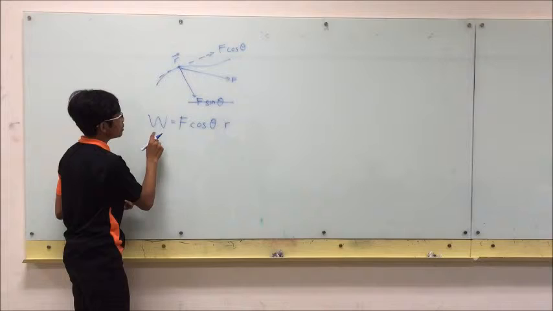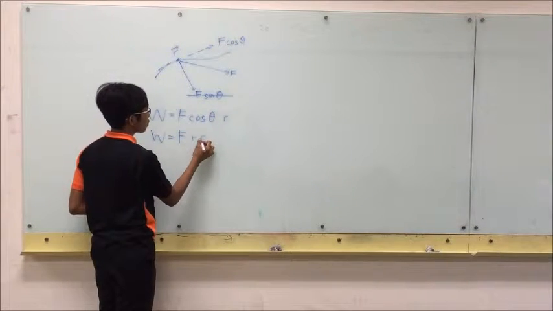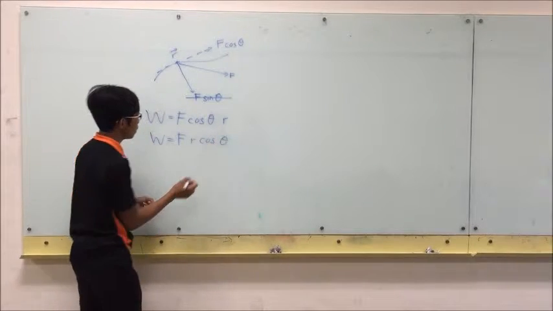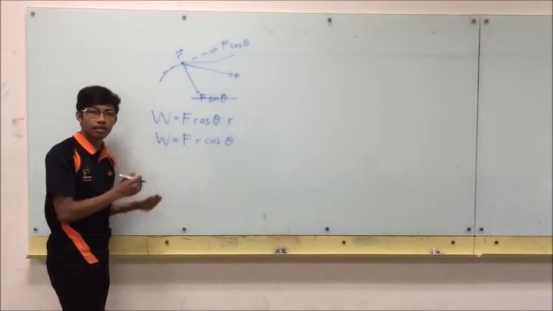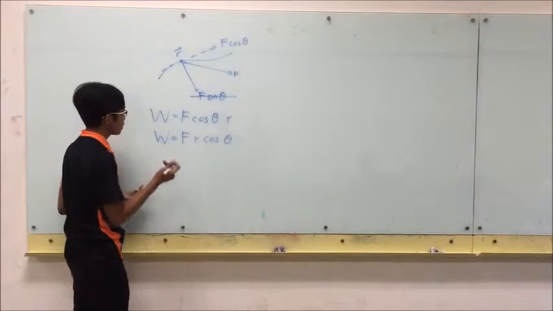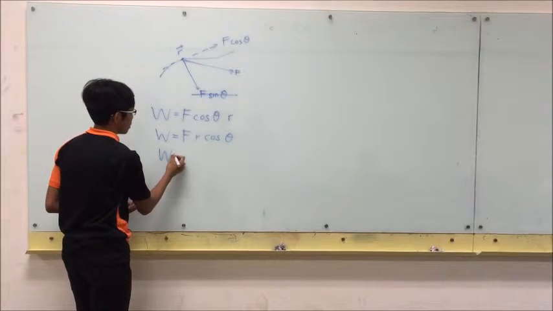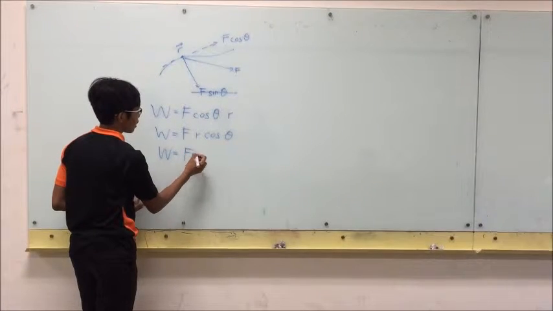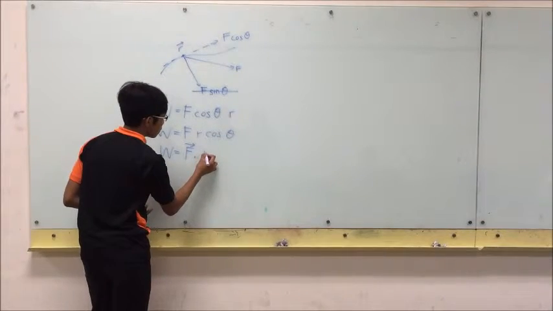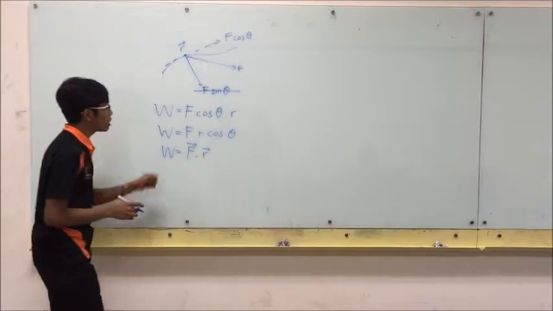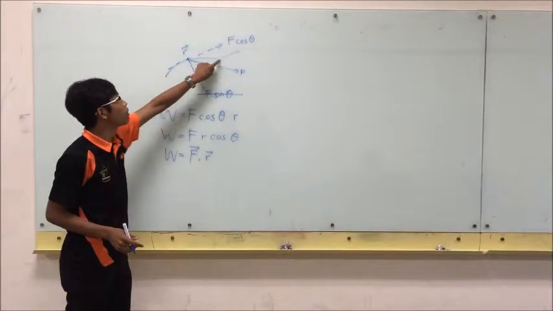Therefore, this can be rewritten as F r cos theta, and just like the previous explanation, work can be written as vector F dot vector r. This is only at one point, at any point of this curve.